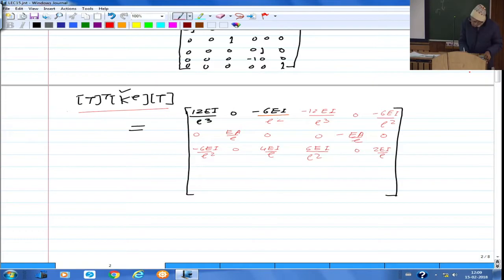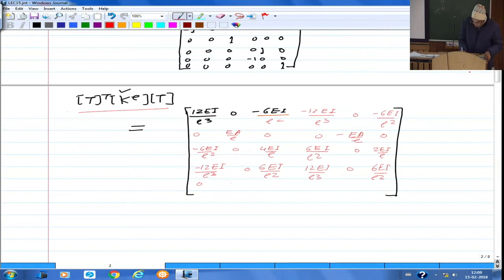Then the fourth row comes as minus 12 EI. Of course it is symmetric, you can check. So L cube, 0, 6 EI by L square, 12 EI by L cube, 0, and then 6 EI by L square.